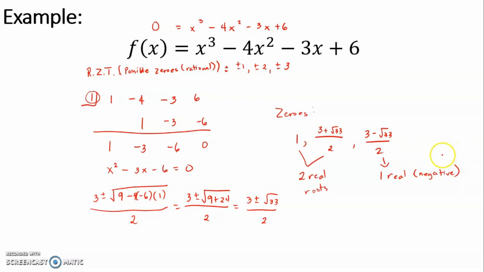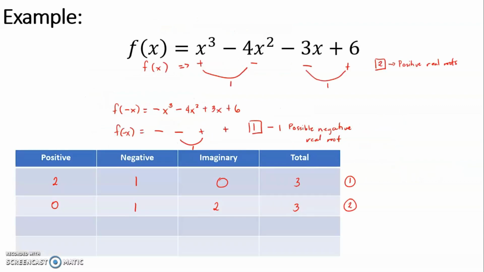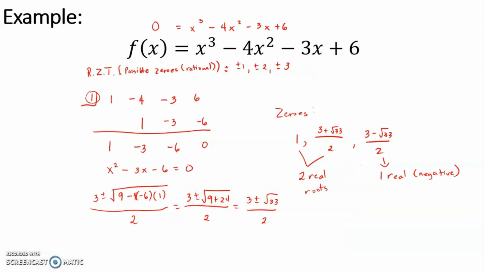Why did I say so? Because the square root of 33 is obviously bigger than 3, so it results in a negative real root. So looking back at our Descartes rule of signs a while ago, combination 1 satisfies the zeros that we got from this particular function.